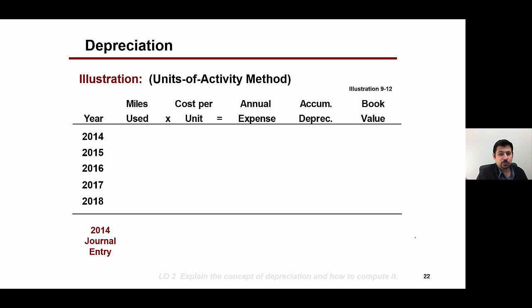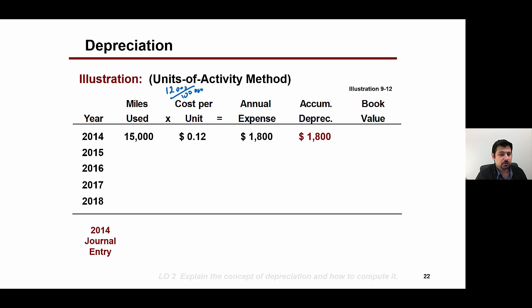So in this case, let's assume that for 2014, the company used the truck for 15,000 miles. We multiply it by the cost per unit, which was 12 cents. This is the depreciable cost divided by the total number of units. As a result, the annual expense here will be 1,800.